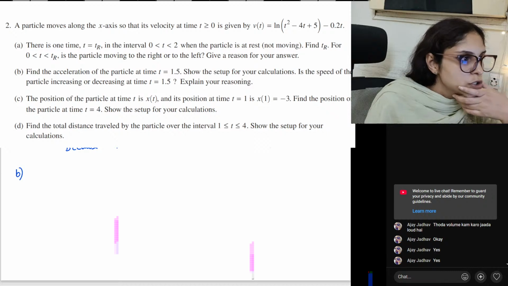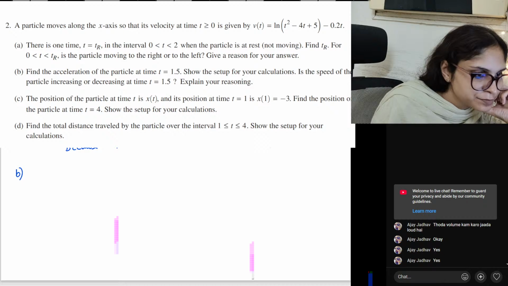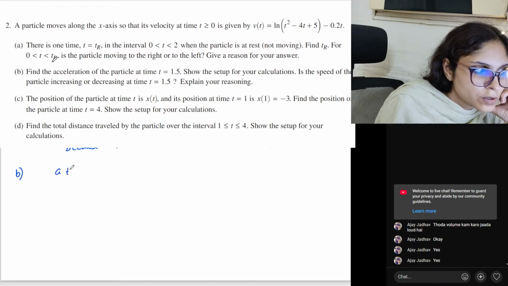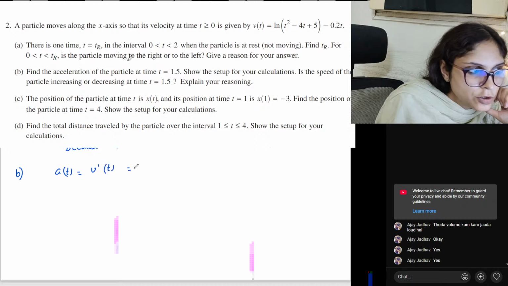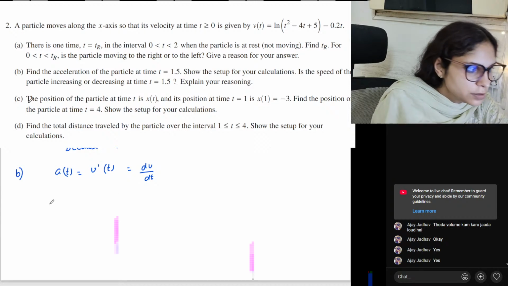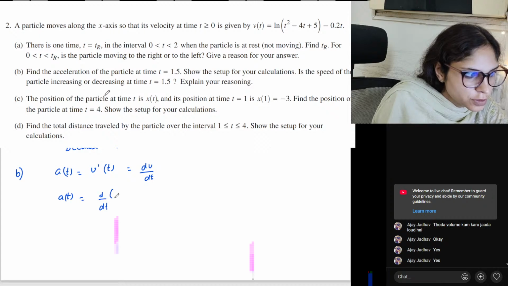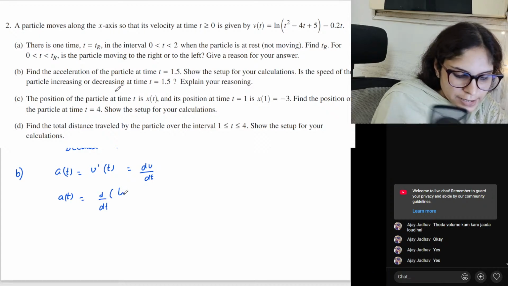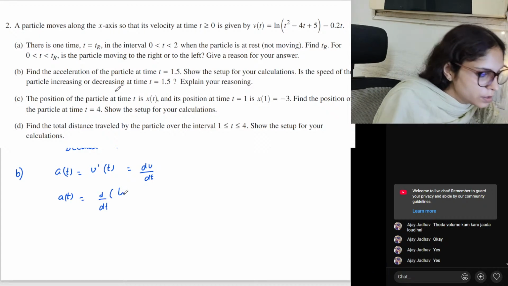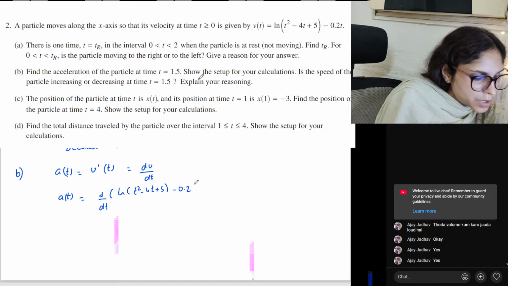So a of t is going to be v derivative of t, or you can also say dv over dt. So first we'll find the formula. So acceleration is d over dt of ln(t squared minus 4t plus 5) minus 0.2t.